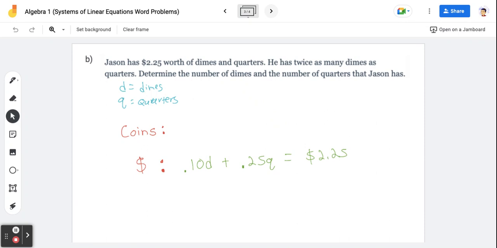Now, what did they say about the coins? He has twice as many dimes as quarters. Twice as many dimes as quarters. So we ask ourselves, what does he have more of? Well, it looks like he has more dimes, right? Twice as many dimes as quarters. So let's represent that here.